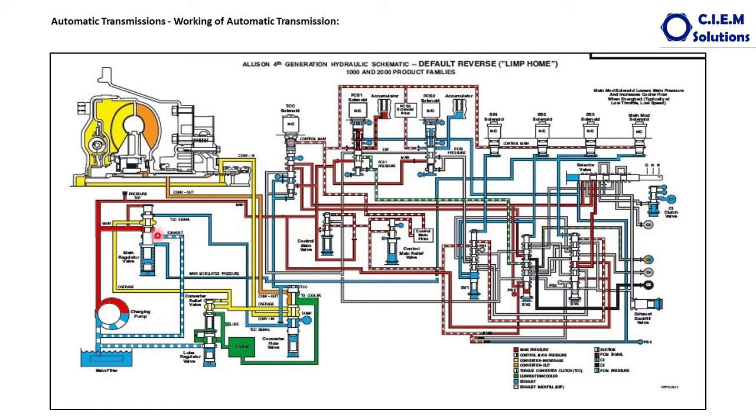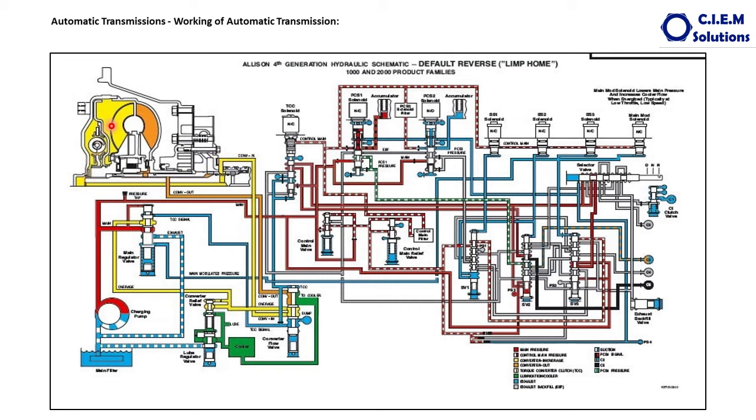Simultaneously, a portion of oil, this orange line, will go to the converter line, to the torque converter regulator valve. The torque converter oil needs comparatively lesser pressure than the main pressure, so the pressure is regulated as per the design, and the oil goes to the converter pump.